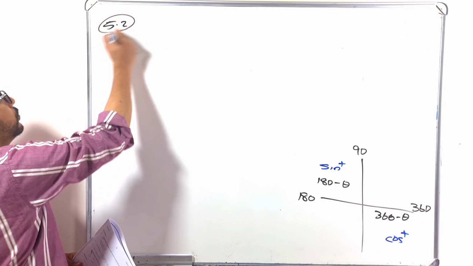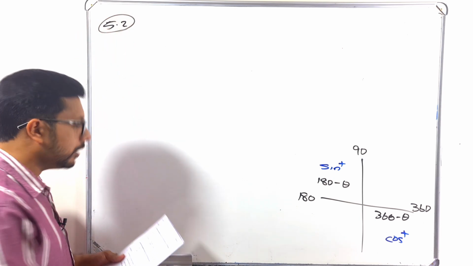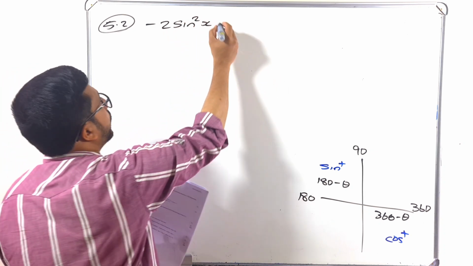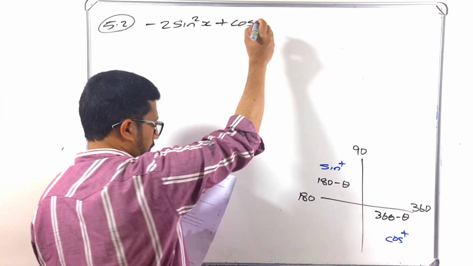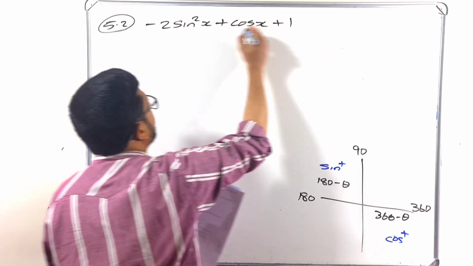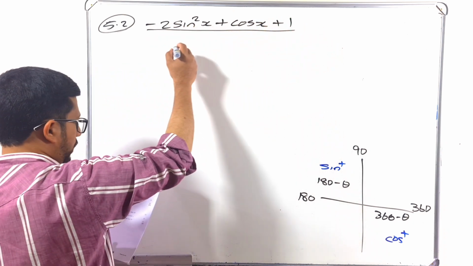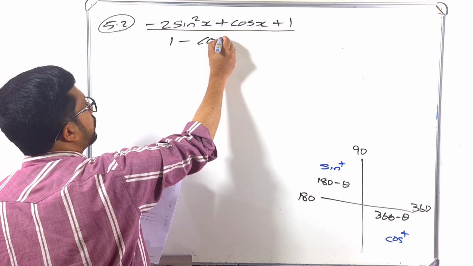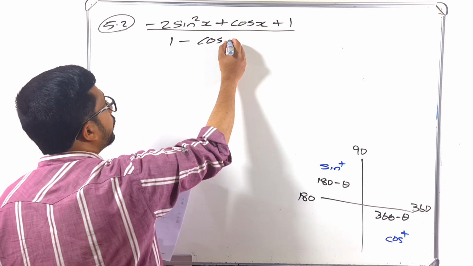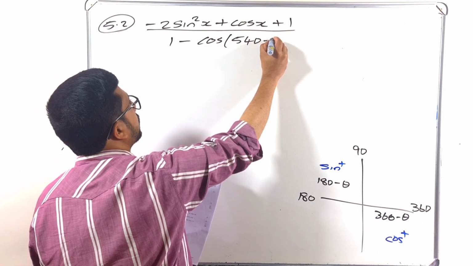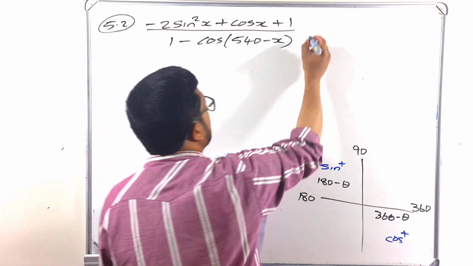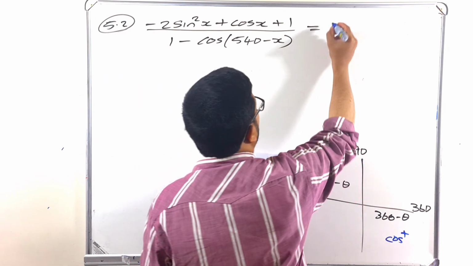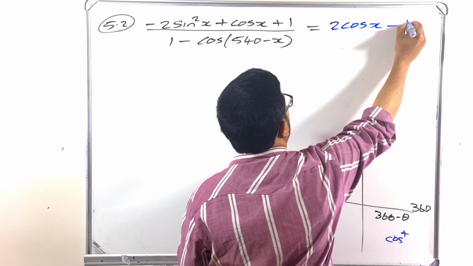Question number 5.2. What is that question? Prove the identity: minus 2 sine square x plus cos x plus 1, the whole divided by 1 minus cos of 540 minus x, is equal to 2 cos x minus 1.